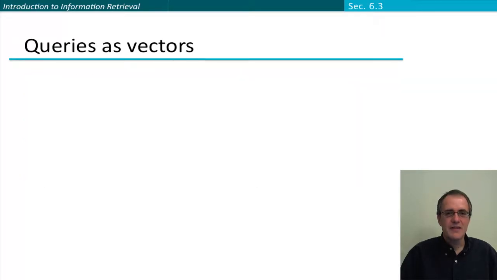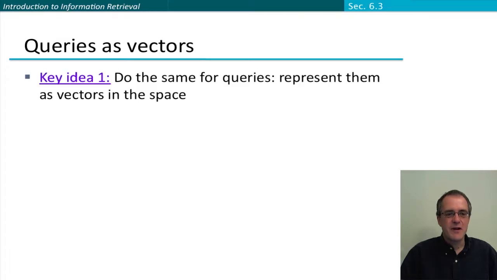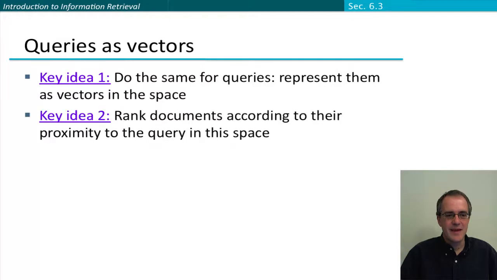So then if we have this vector space of documents, how do we handle querying it when a query comes in? And the key idea there is that we treat queries in exactly the same way. They're also going to be vectors in the same space. And then if we do that, we can rank documents according to their proximity to the query in this space.